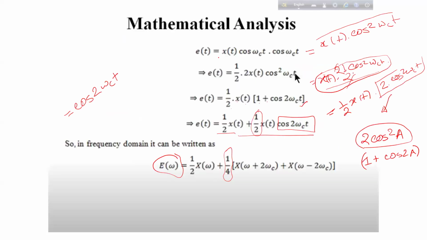Now, in E omega, we are getting half x omega, then 1 by 4 x omega plus 2 omega c, plus 1 by 4 x omega minus 2 omega c. So we will get one spectrum at the center, then another spectrum at minus 2 omega c, and another spectrum at plus 2 omega c.